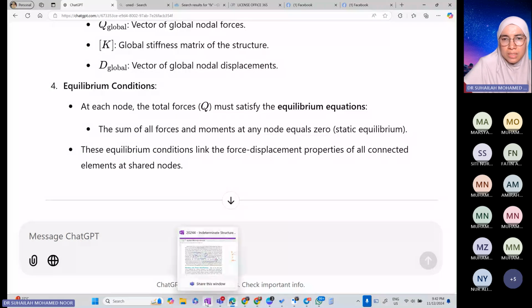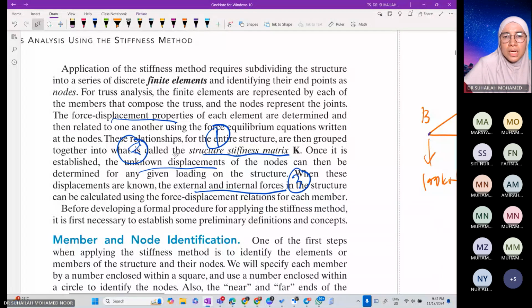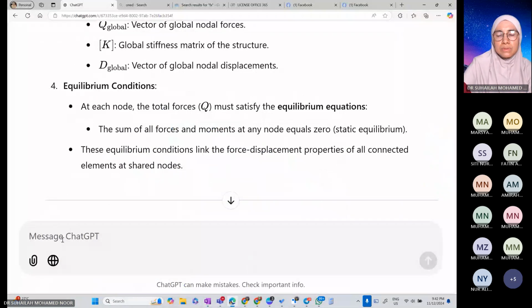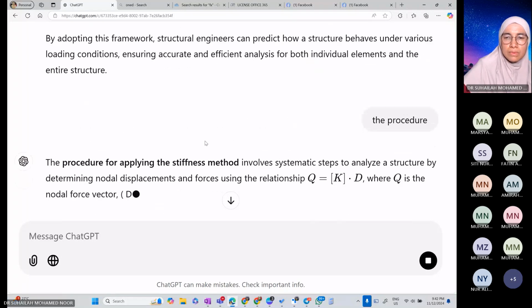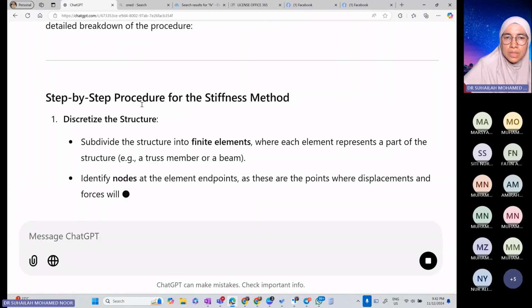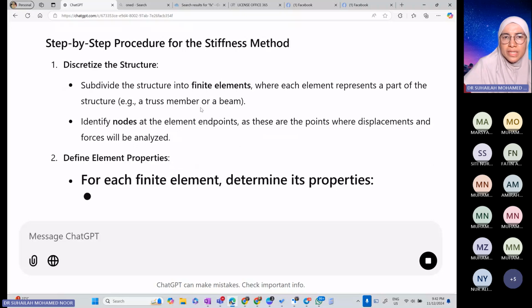Okay, go back to this. Okay, kita nak dia summarize the procedure. The procedure. Okay, so this is the procedure for the stiffness method.